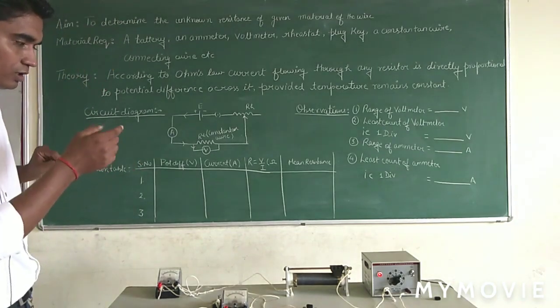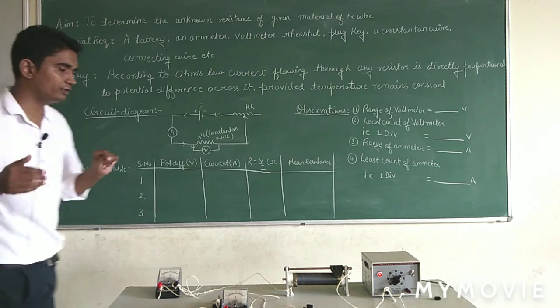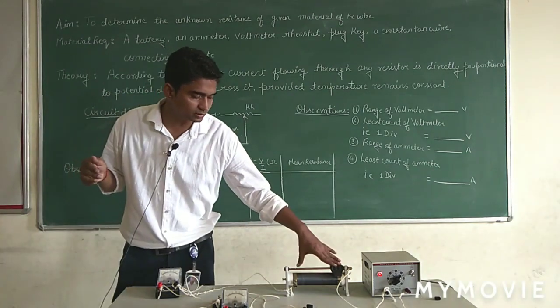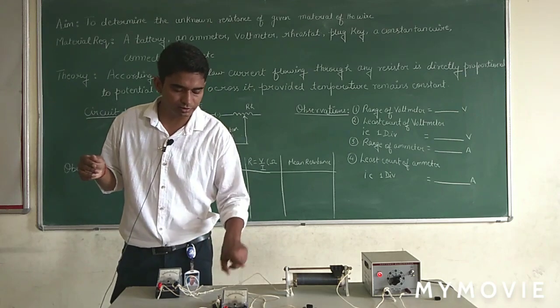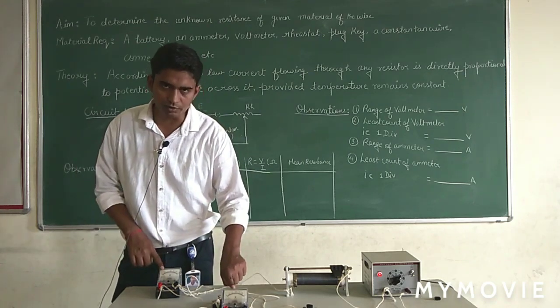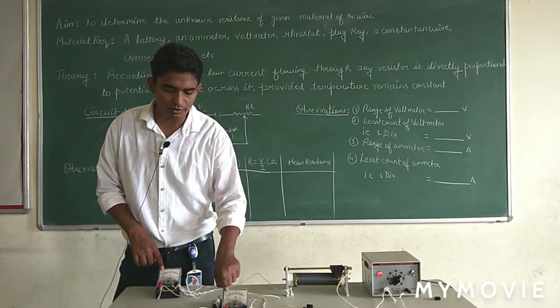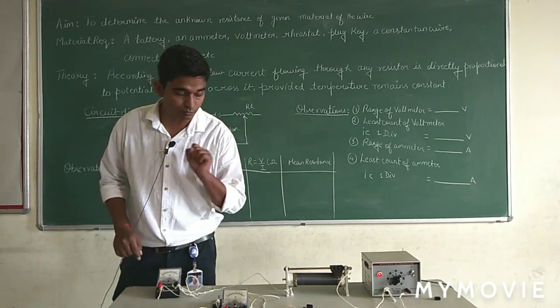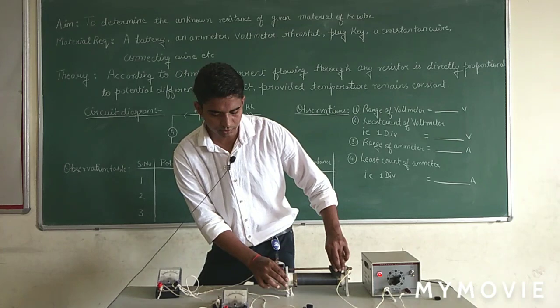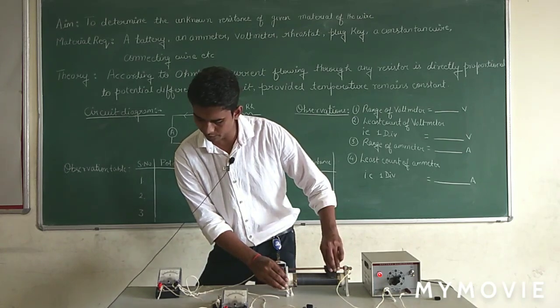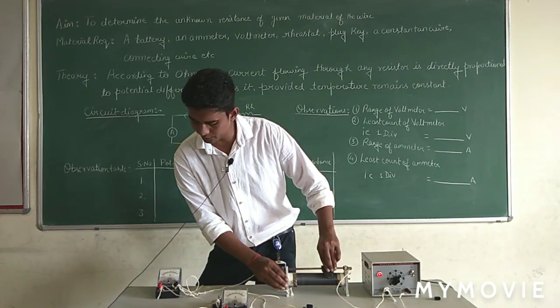It means when I slide this slider of the rheostat, there must be variation in the ammeter and voltmeter. The needle of this analog device must move. So do it very slightly. I am doing it very slightly because I have to take at least 3 readings.